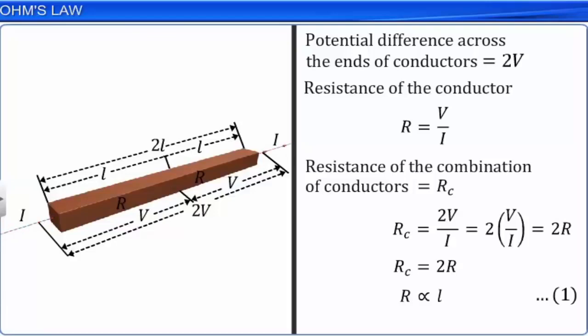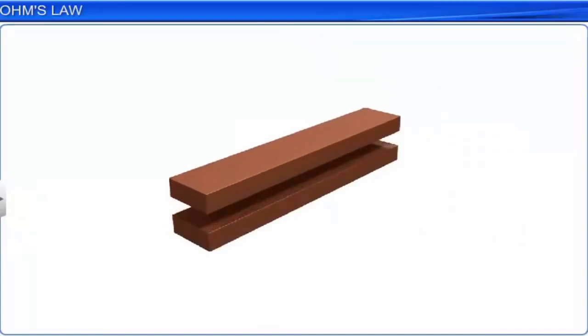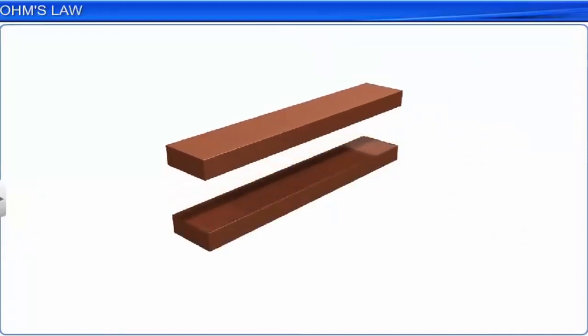Coming to activity 2. Let us divide the conductor into two by cutting it lengthwise so that it can be considered as a combination of two identical conductors of length L, but each having a cross-sectional area of A by 2.